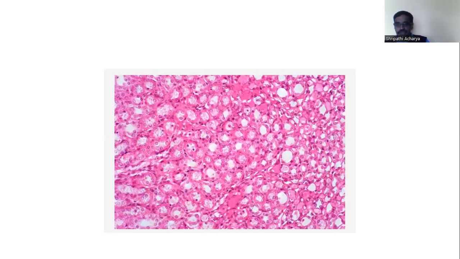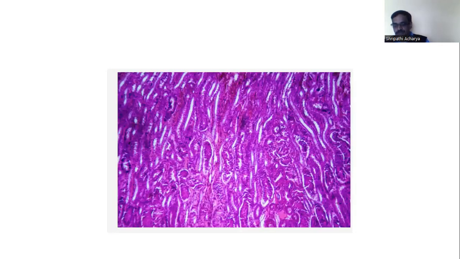In the next stage, 90% of renal function is lost, or only 10% of glomerular filtration rate is seen. Here you can see the difference with a healthy kidney.